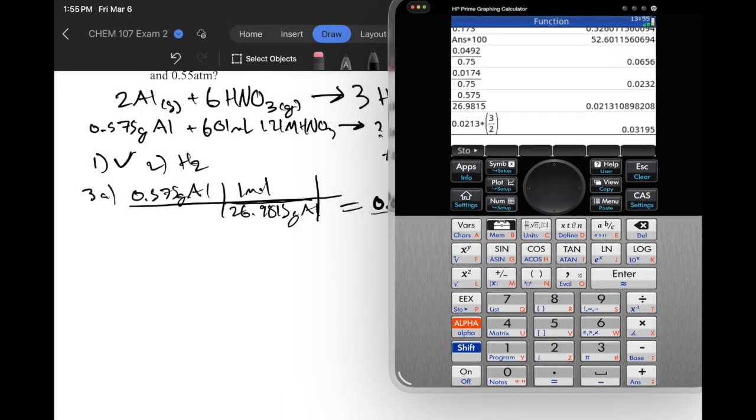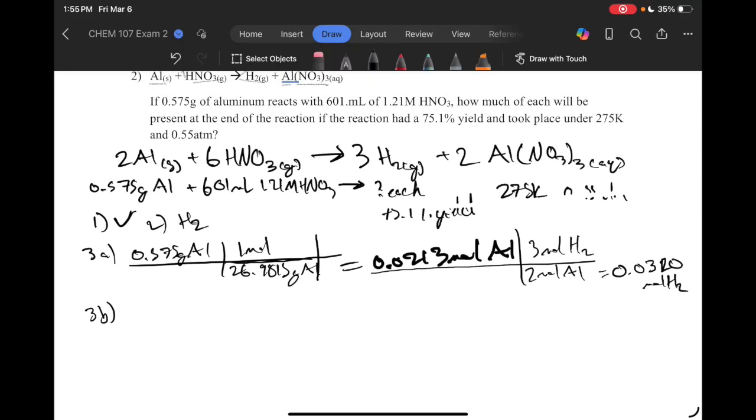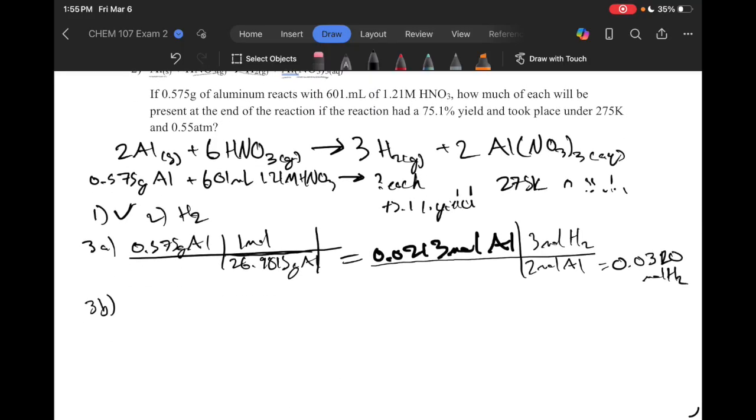Okay, so step 3b, we do the same thing, but this time with the other reactant. So we have 601 milliliters of a solution. Let's convert this to liters.